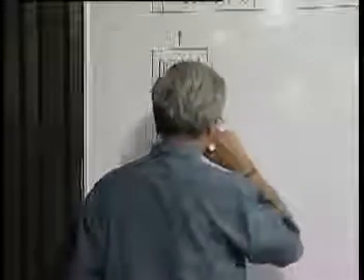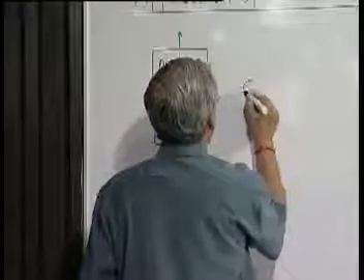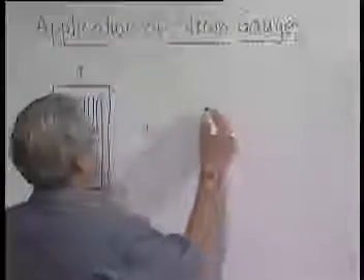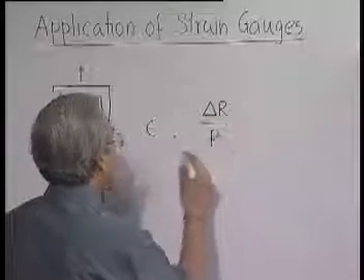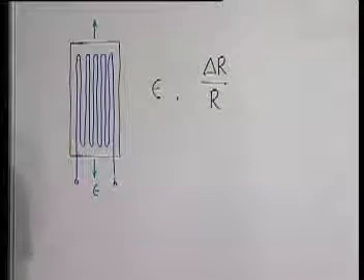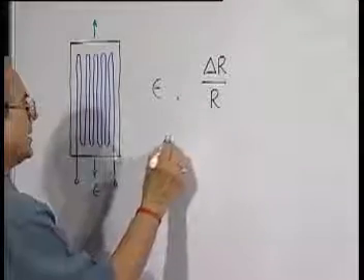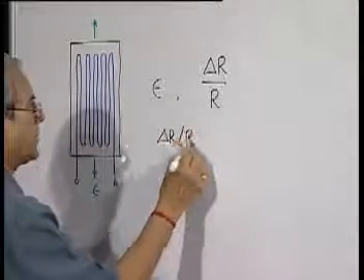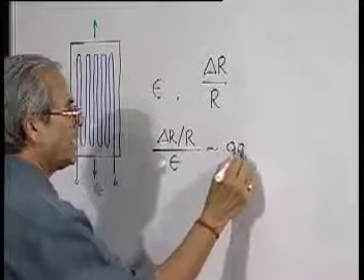So your strain and the fractional change in the resistance will be proportional. Therefore this quantity, the change in resistance as a fraction of its resistance, divided by strain, is called the gauge factor.